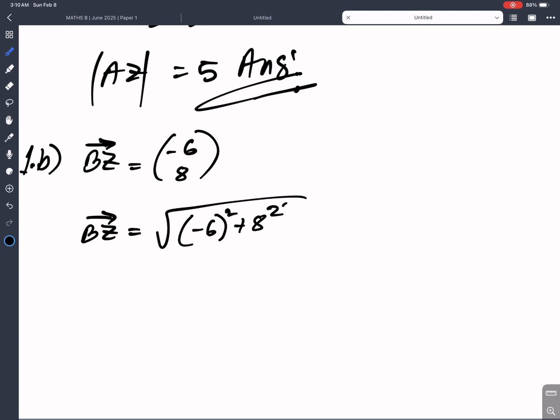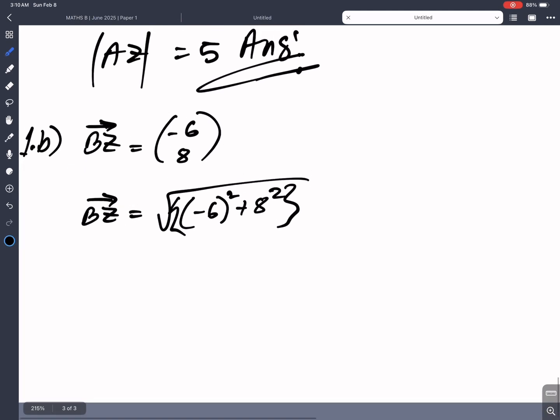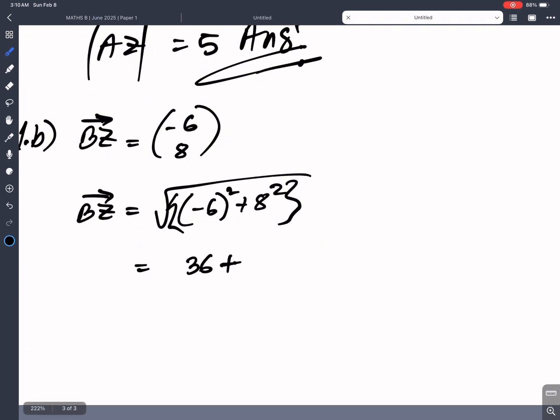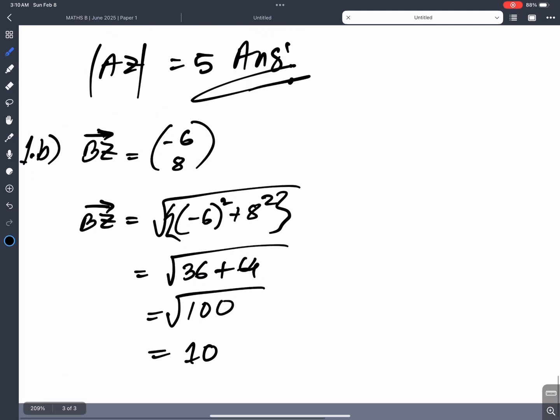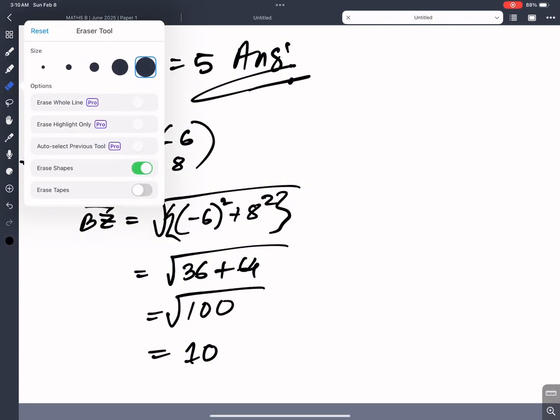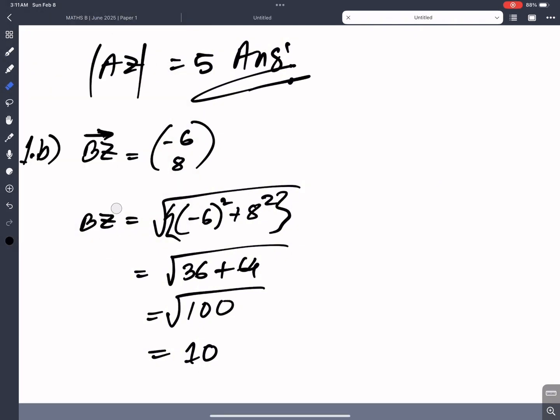You can give the sign if you want. Negative 6 square is 36, and 8 square is 64. So root over 36 plus 64, root over 100, which is 10. So the modulus of BZ is 10.